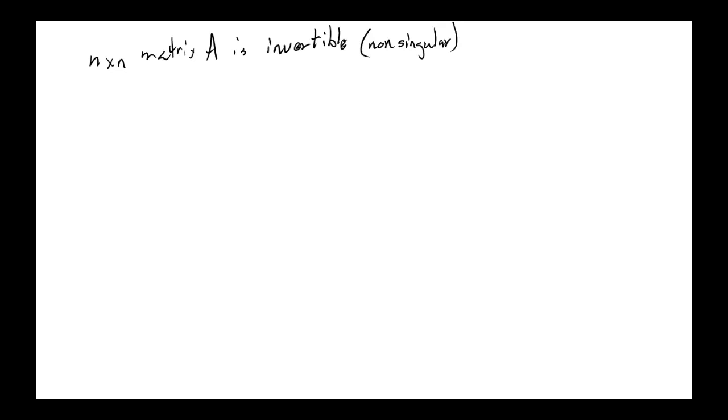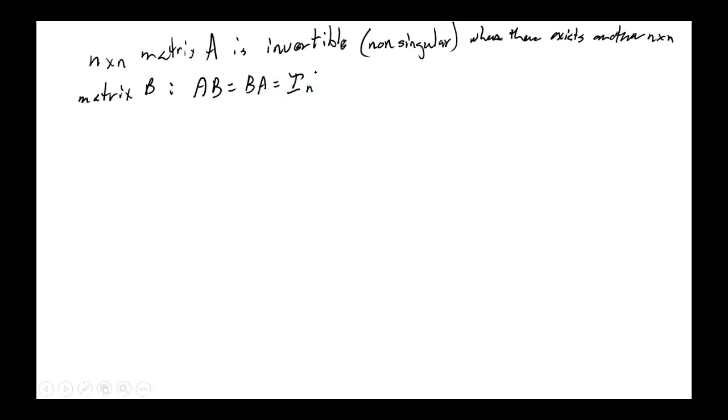It's invertible or non-singular when there exists another n by n matrix, we'll call this one B, such that A times B, now here's the weird part, is also equal to B times A, and not only are they equal, but they're equal to the identity matrix of dimension n.